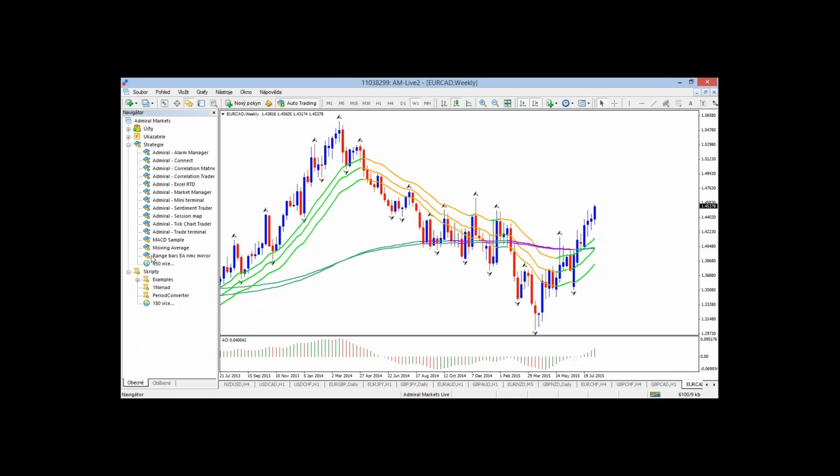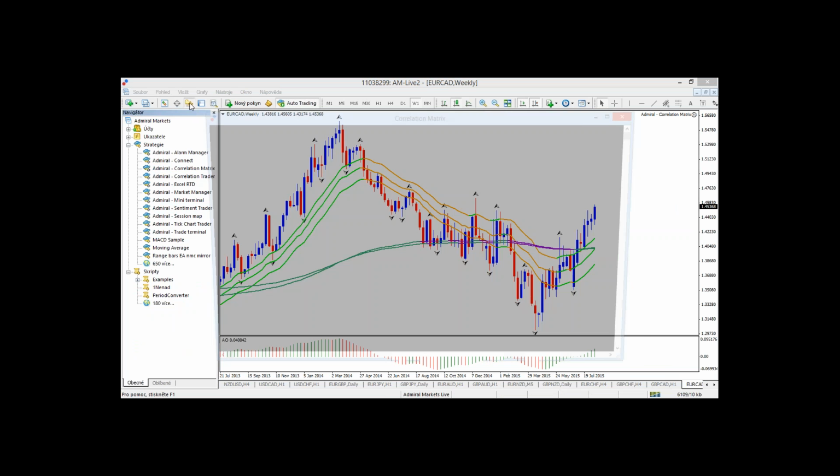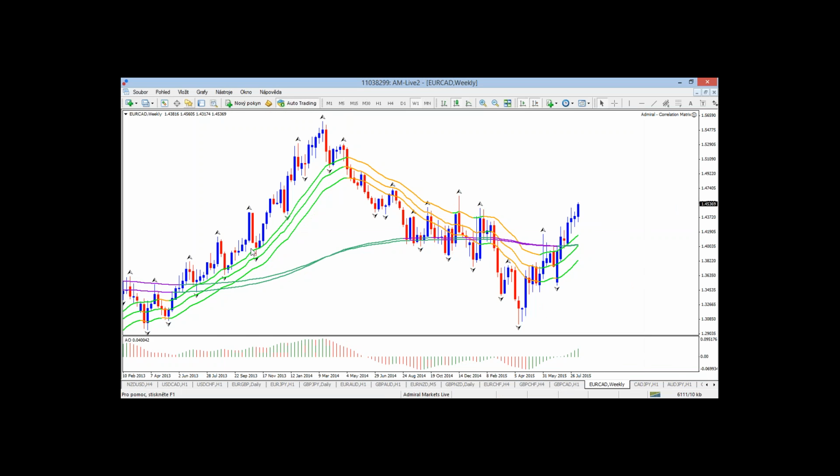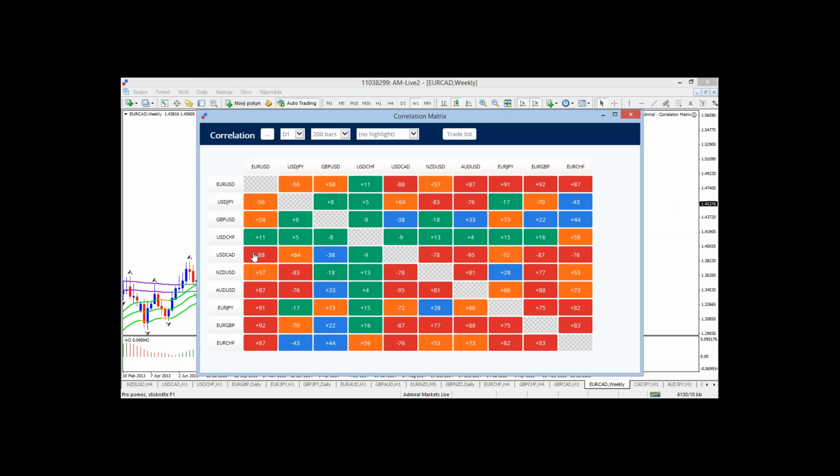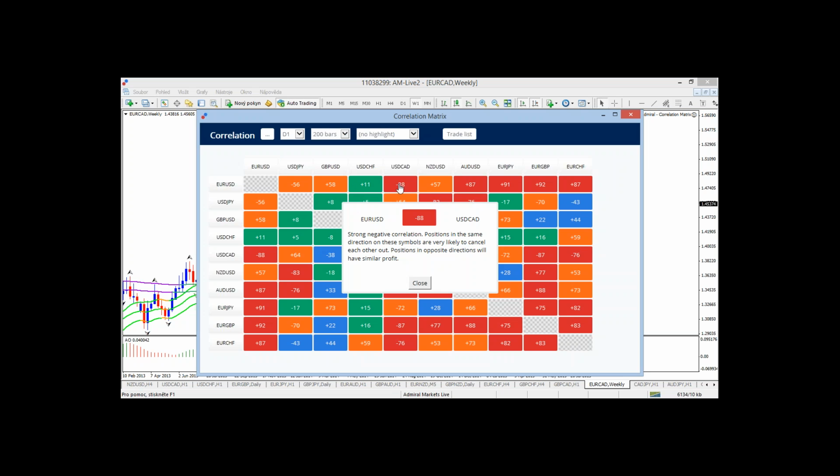You can take a look at the correlation. Let's take a look at Euro and CAD. Euro dollar and dollar CAD has a strong negative correlation at the moment.